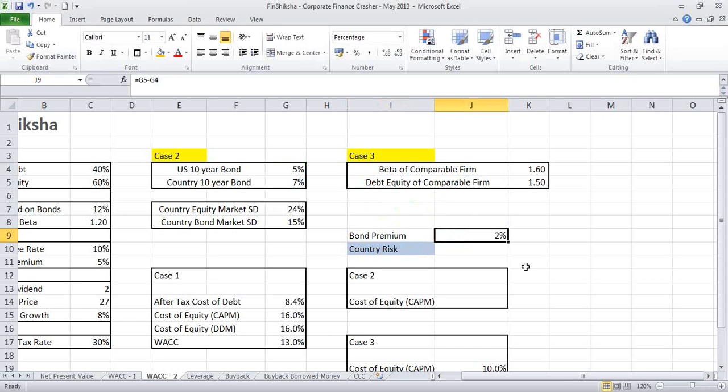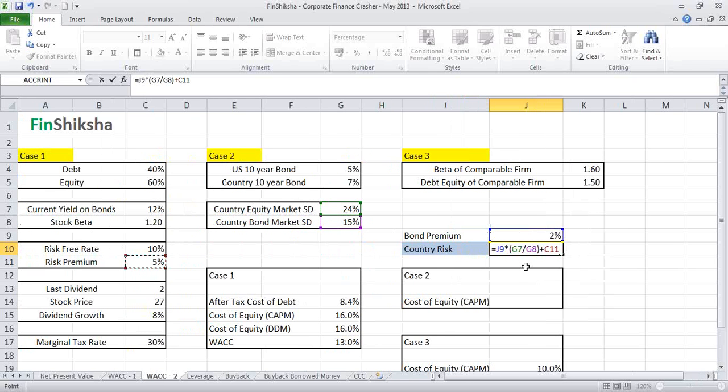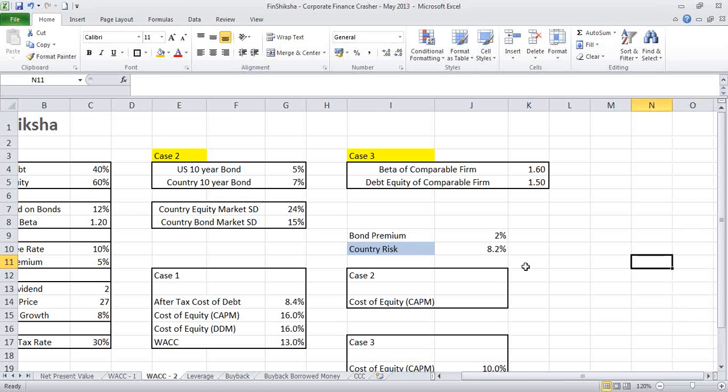But remember, when you are talking about the country risk premium, effectively, you have to scale this by the ratio of the standard deviation of the stock market and the standard deviation of the bond market, and add this number to the equity risk premium of a developed market to get the country risk premium, which is 8.2%.